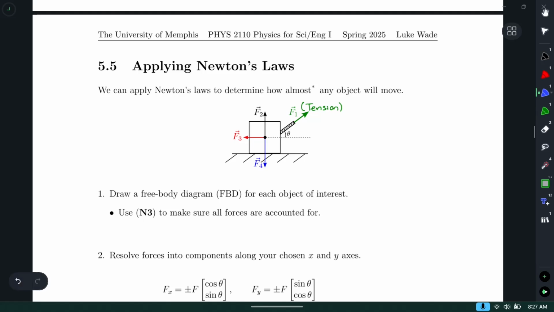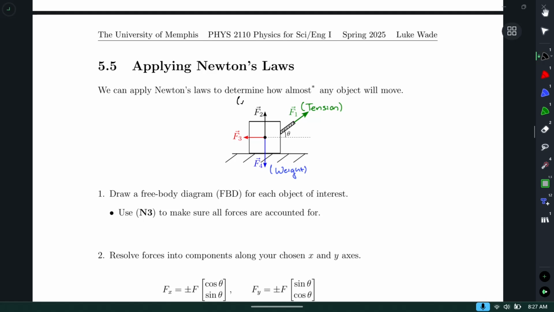We've got the earth pulling down on the block. That's the weight. And then the block's also interacting with the surface that it's sliding on in two different ways. One is what's keeping it from falling through the surface. If the surface weren't solid, it would just fall right down through.